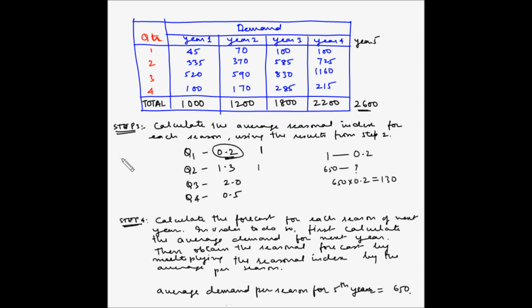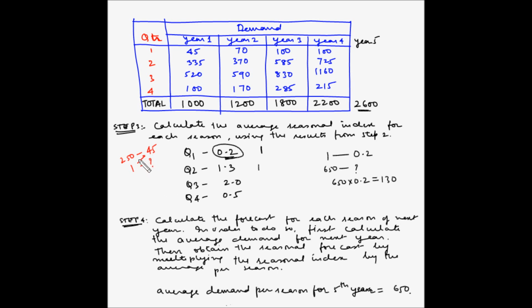So if the average is 250, then the seasonal forecast for Q1 is 45. Now if average is 1, so 1 for each quarter, then how much is the seasonal forecast?